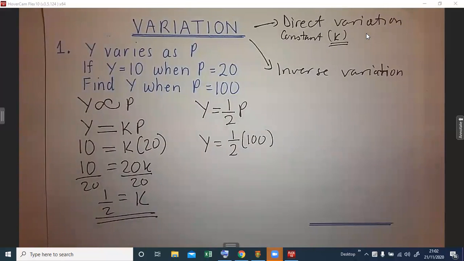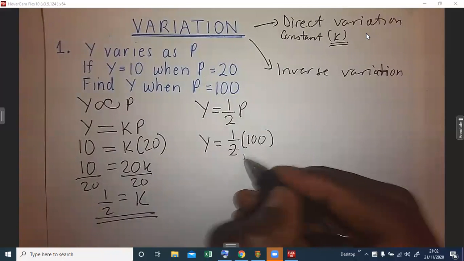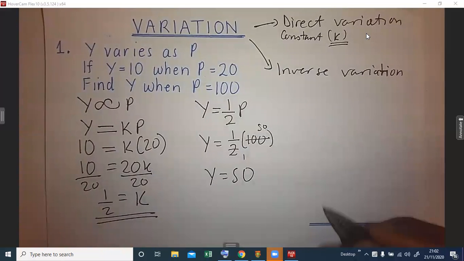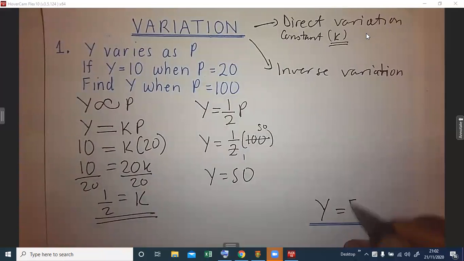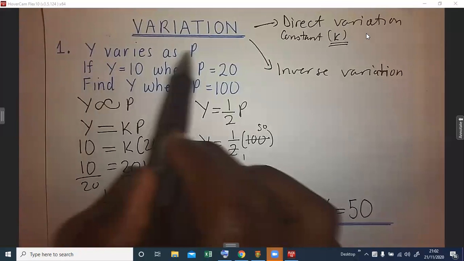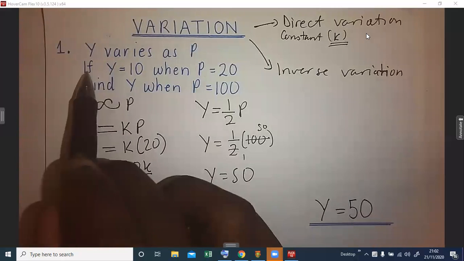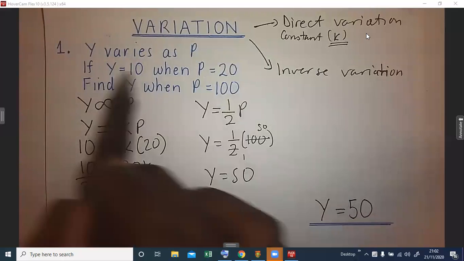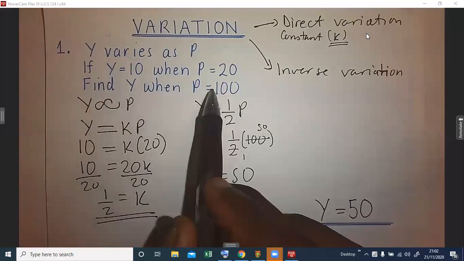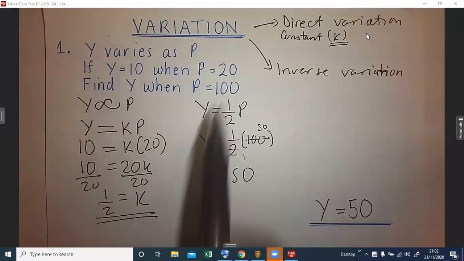So basically we simplify, and our y is 50. Remember, the first part gives us the question statement. The second part helps us to find the value of the constant k. And the third part tells us the final question to solve.